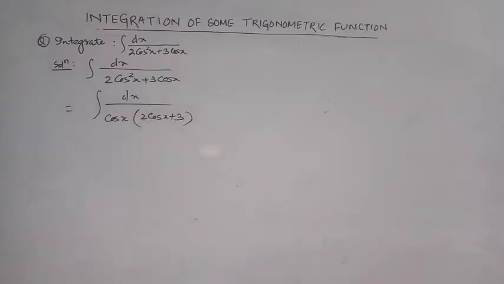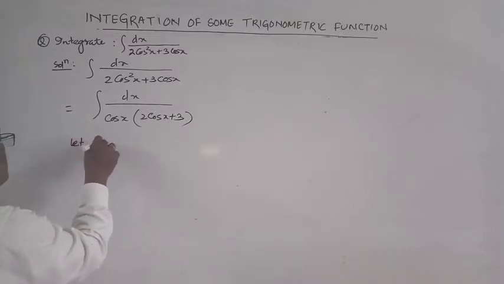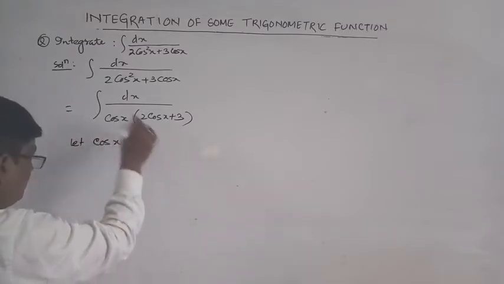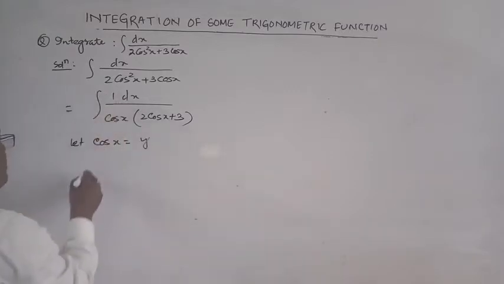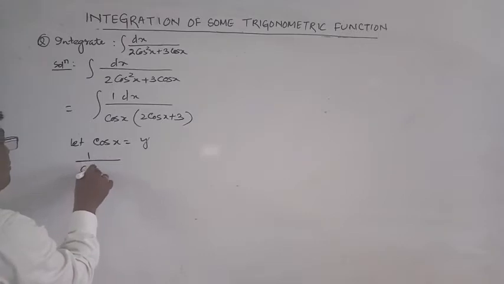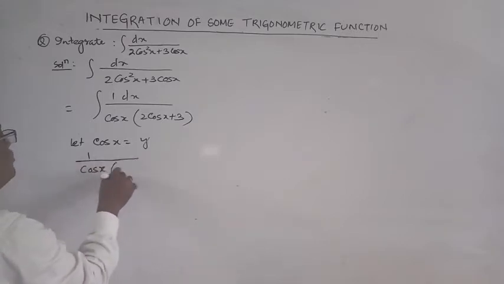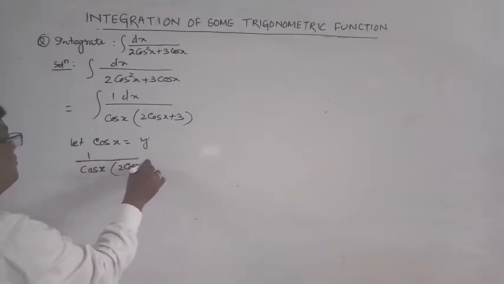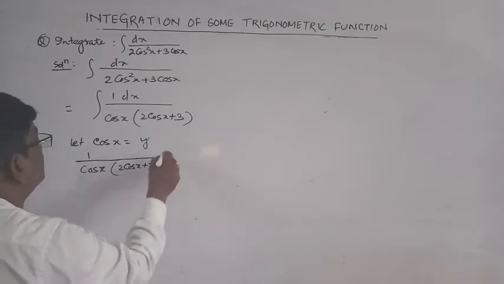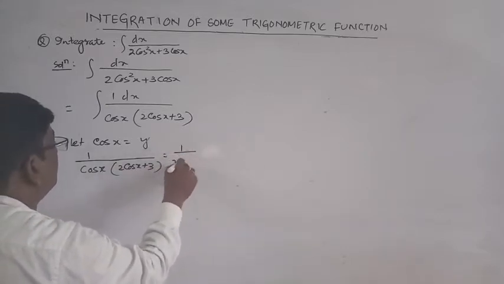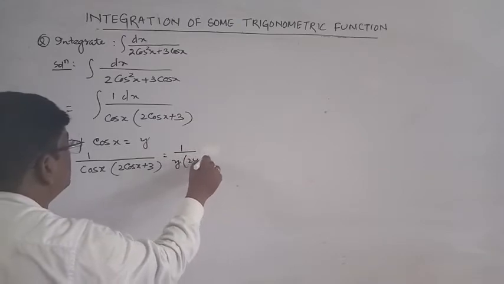Now you have to make the problem in partial fraction form. So let cos x be y. That implies 1 by cos x into 2 cos x plus 3 is equal to 1 by y into 2y plus 3.